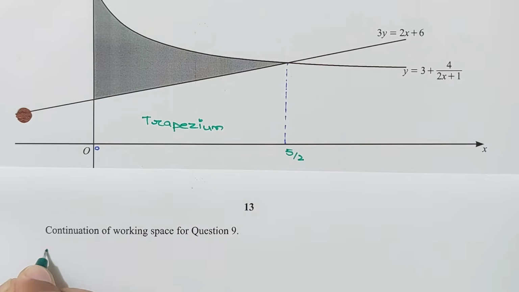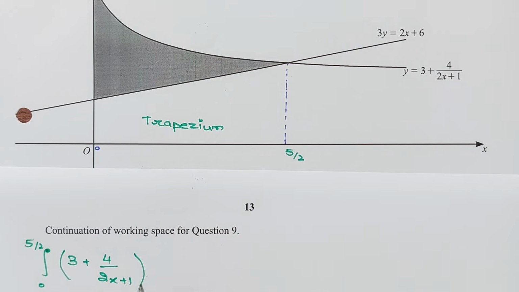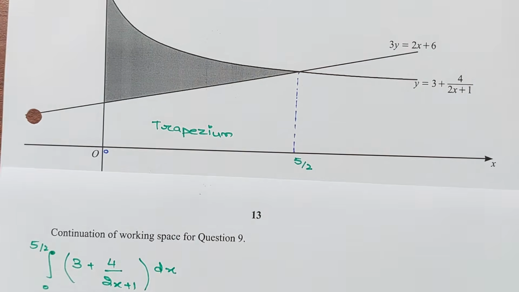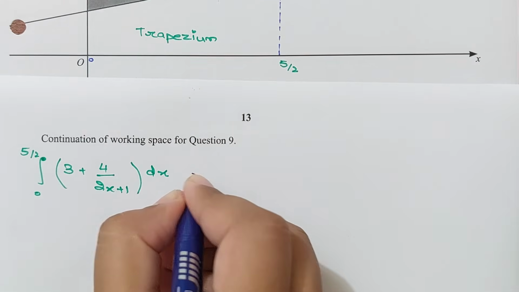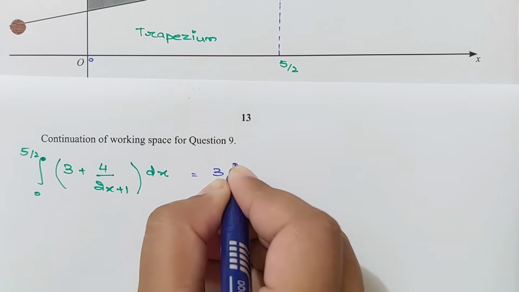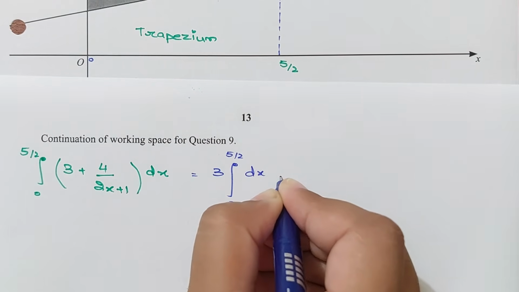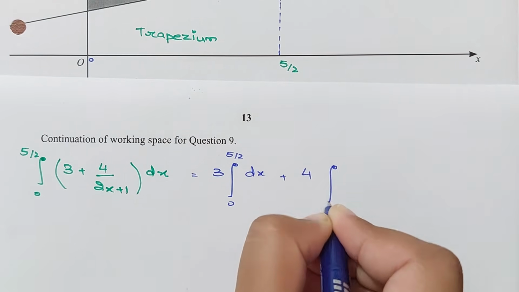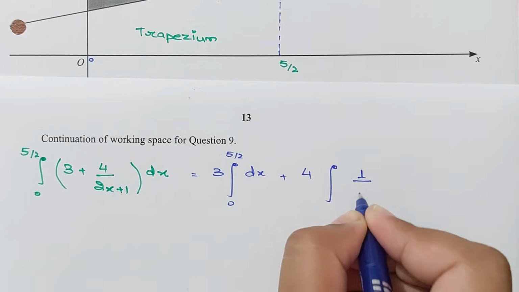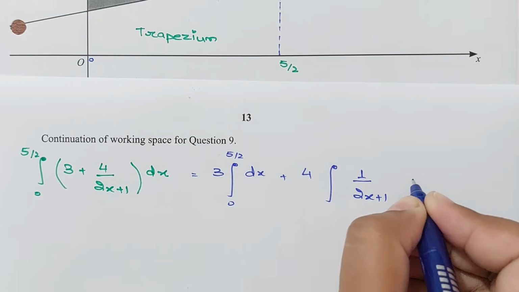The area under the curve is the integration from 0 to 5/2 of the curve 3 plus 4 divided by (2x plus 1) dx, right? So here we can say 3 is outside, integration from 0 to 5/2 of dx, plus 4 is outside, integration of 1 over (2x plus 1) dx.